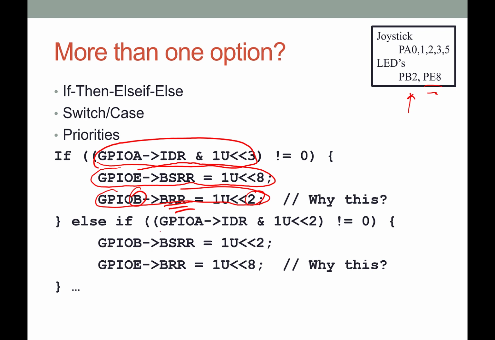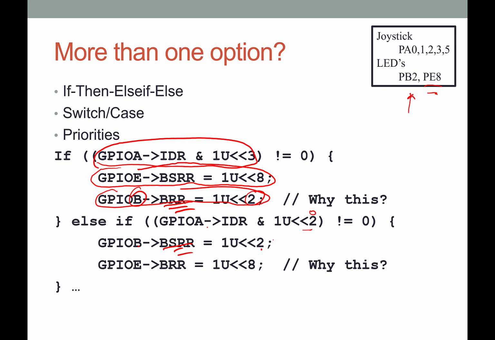What is this one doing down here? If port A and this looks like it's doing shifting twice, so this is 2. So it's saying if that's pressed, we're doing BSRR for B2.